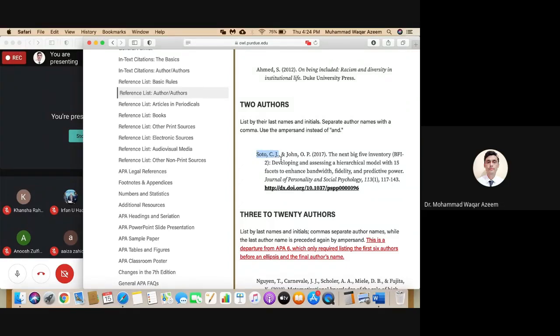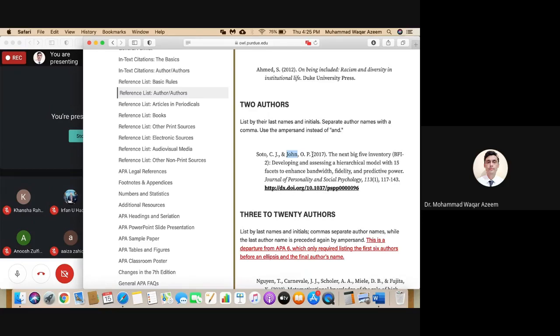But after that, you need to put a comma in order to separate this name from the rest of the names. Okay. The second name over here is John, which is the last name, comma, O is the initial of the first name, P is the initial of the middle name. A period after both initials.